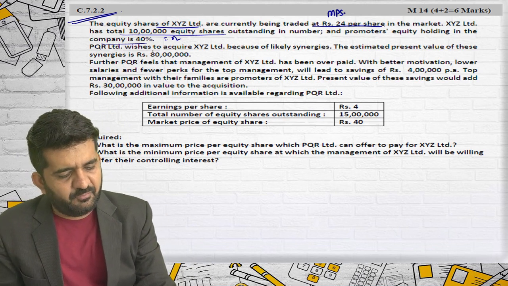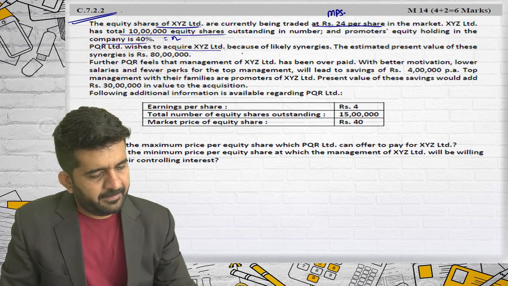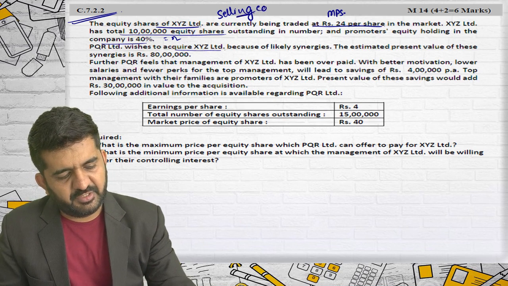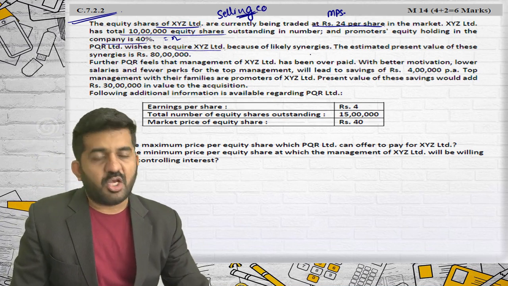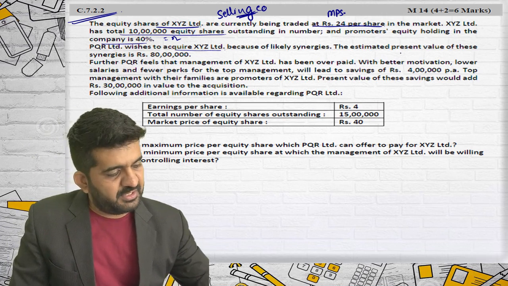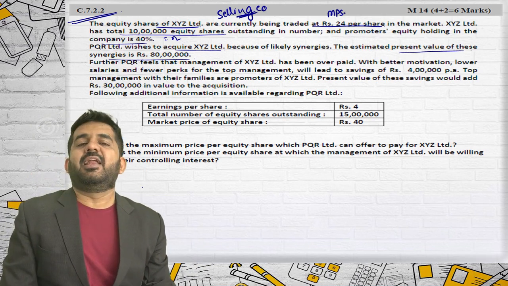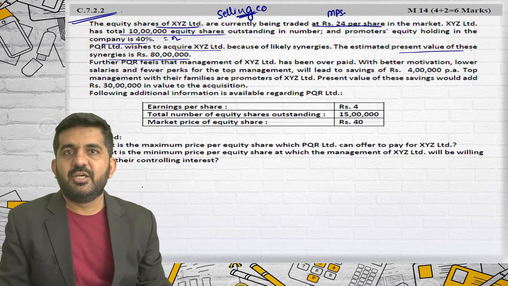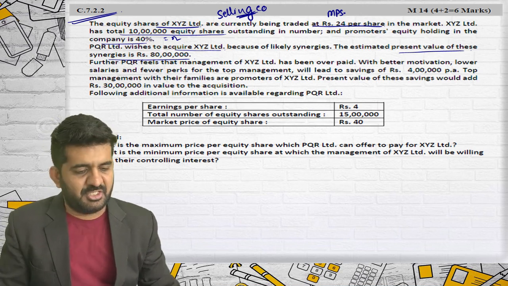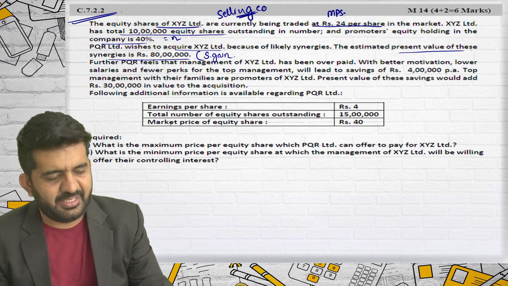PQR Limited wishes to acquire XYZ Limited. So XYZ is the selling company. So all the information given is of the selling company. Because of likely synergies, the estimated present value of these synergies is 80 lakh rupees. Right. So the present value of these synergies is a synergic gain.